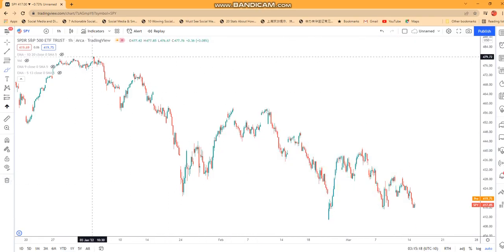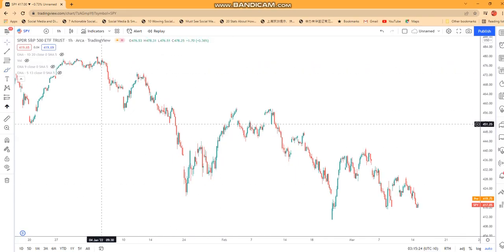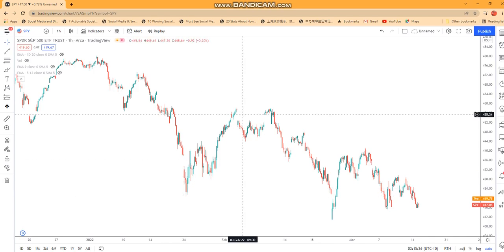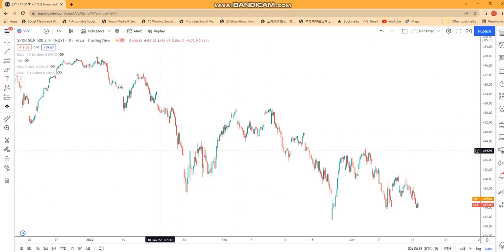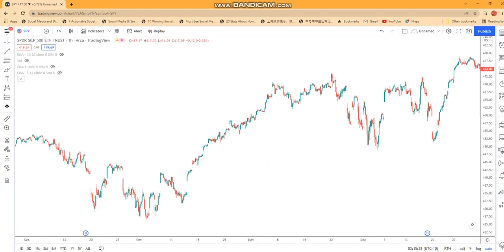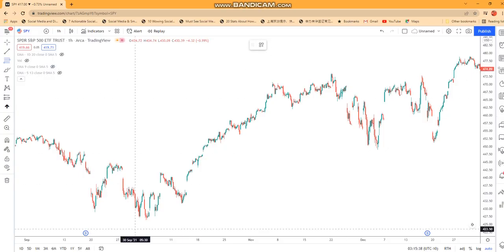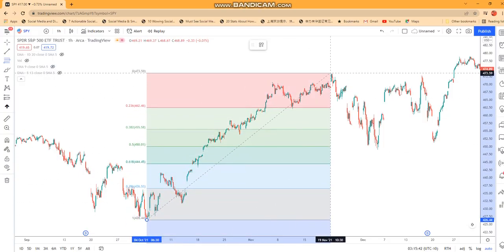So when you're pulling from swing high to swing low, definitely you're finding resistance. So what if you are pulling from down to up? When you're pulling from down to up, it's basically when you want to find support. For example, you can see that this was in October. So now I'm using the same thing again, but instead of high to low, this is rising. So I want to pull from here to here. This is the high.